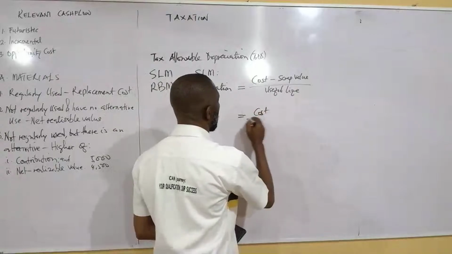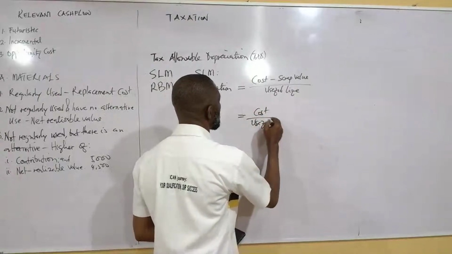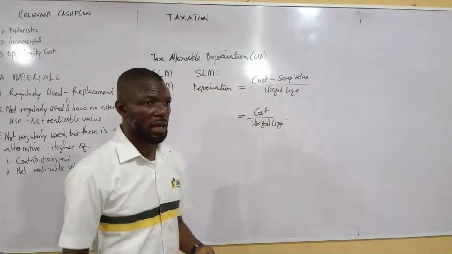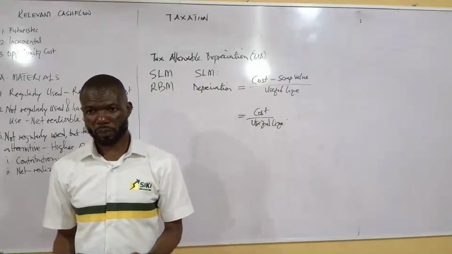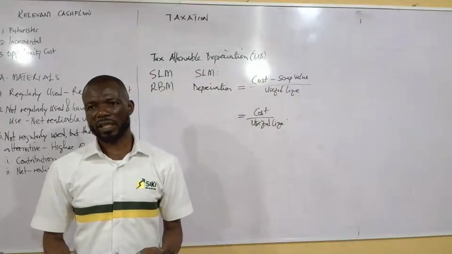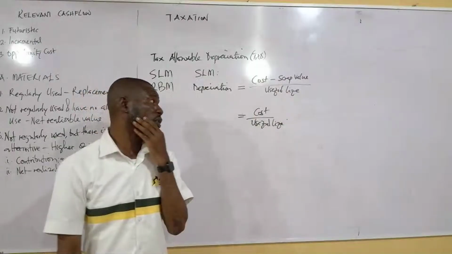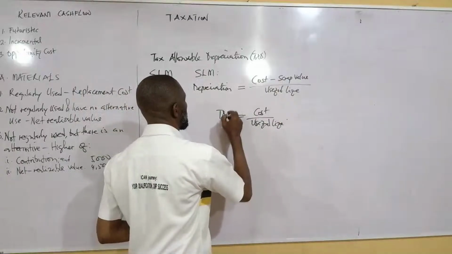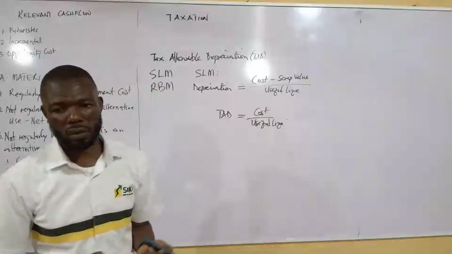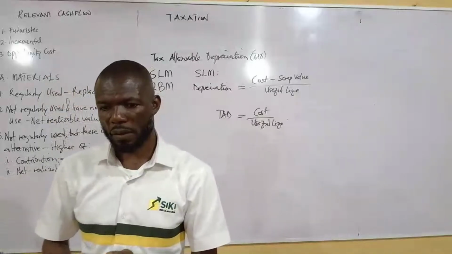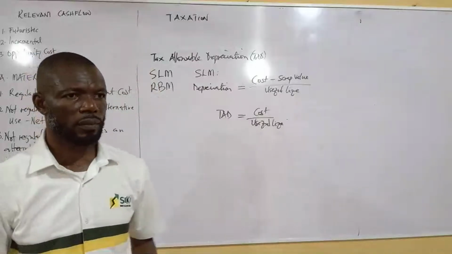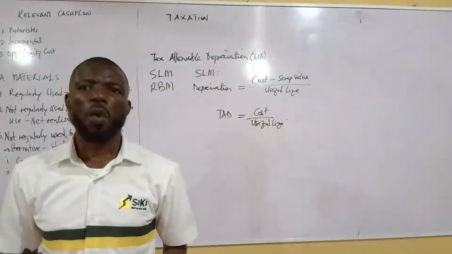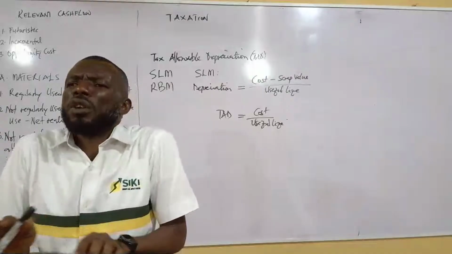Where there is balancing adjustment, the tax allowable depreciation should be equal to cost all over useful life. Full stop. I deliberately put a full stop.